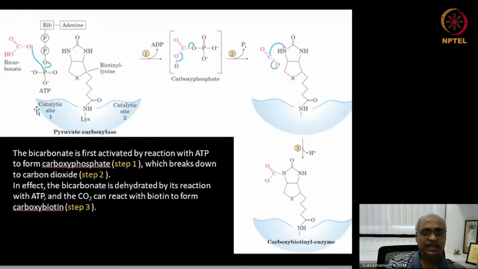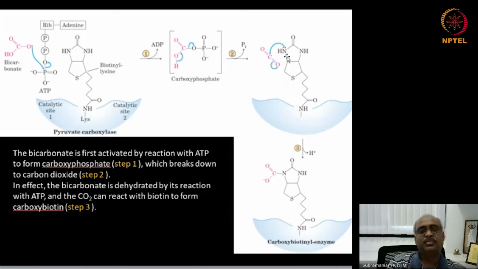That happens in one active site of the pyruvate carboxylase, and ATP is hydrolyzed, and the phosphoric acid is attached to this carbon, this carboxyl group carbon here. Carboxyphosphate is the intermediate. Then the phosphate is removed, and this generates the free carbon dioxide at the active site. So this is not freely diffusing away.